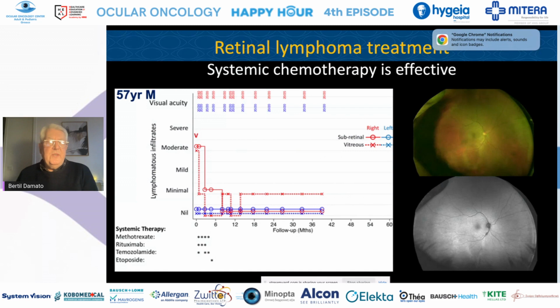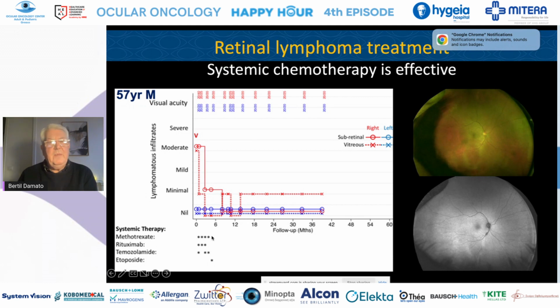So here's a patient, and this is a system I developed for reporting progress in patients with vitreoretinal lymphoma. Red is for the right eye and blue is for the left eye. And the continuous lines are the retinal deposits, and the dotted lines are the vitreous infiltrates. So this patient had a diagnostic vitrectomy in the right eye because there were moderate vitreous infiltrates and moderate sub-RPE infiltrates.